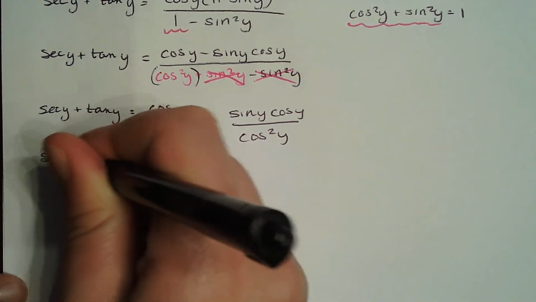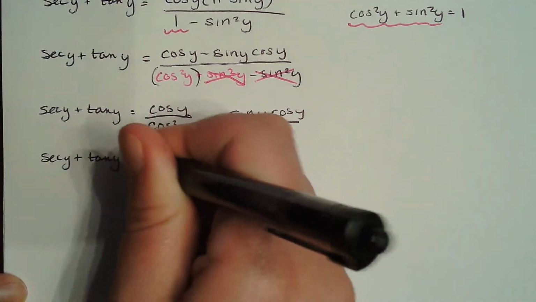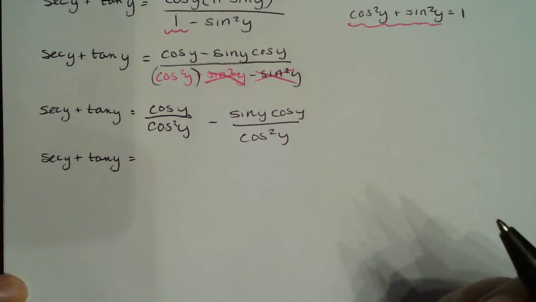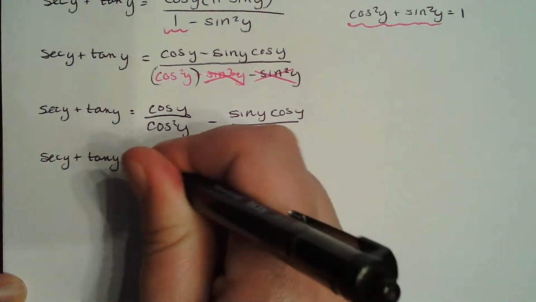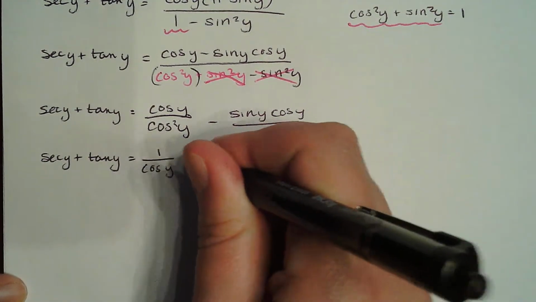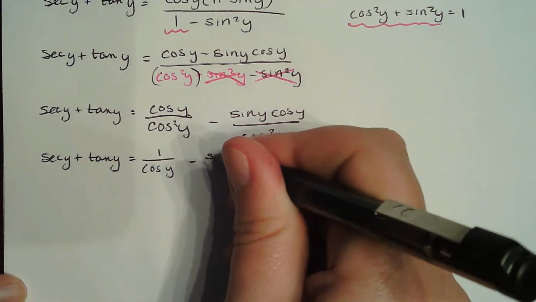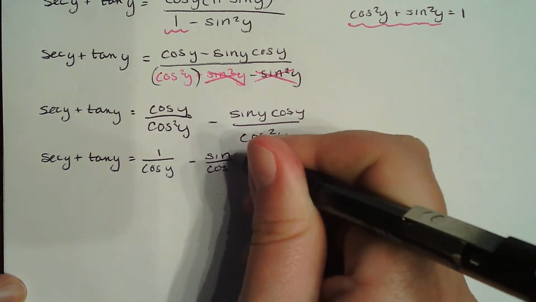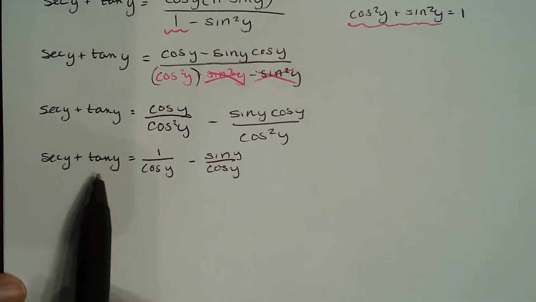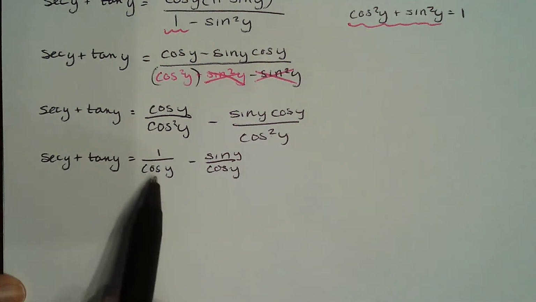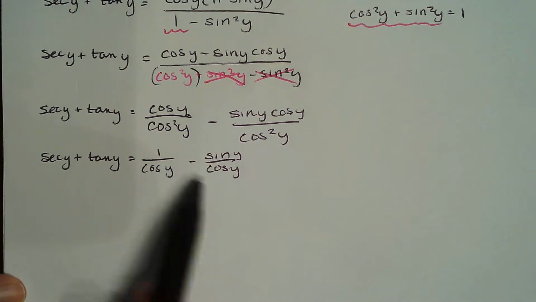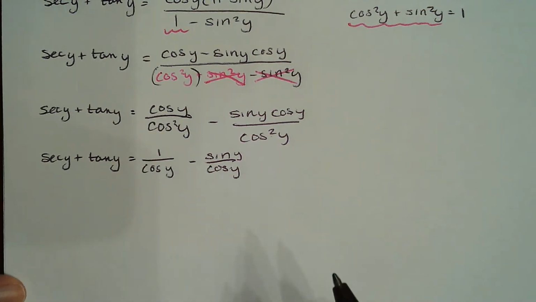So secant y plus tangent y equals, that's cosine over cosine squared. That's going to reduce to 1 over cosine y. Right here, this cosine will cancel with one of these cosines, so minus sine over cosine. And I can see that 1 over cosine is secant, and sine over cosine is tangent.